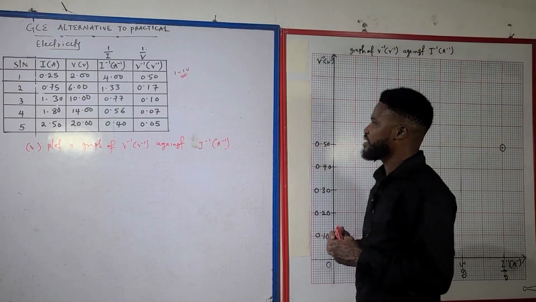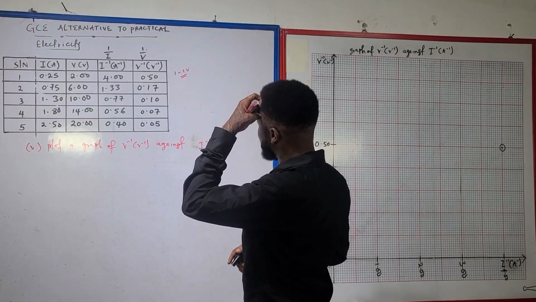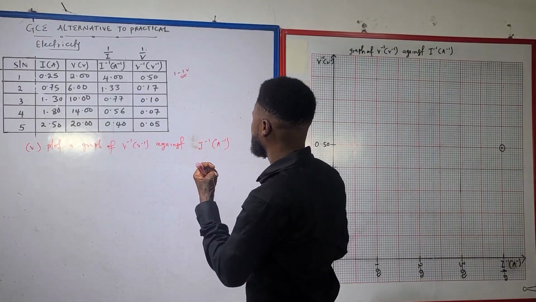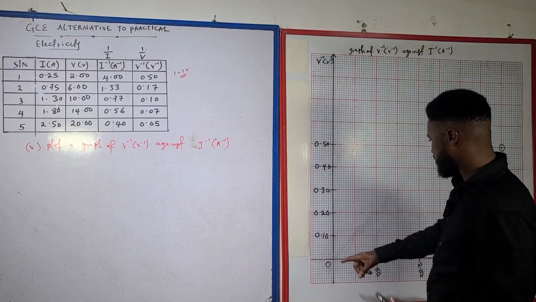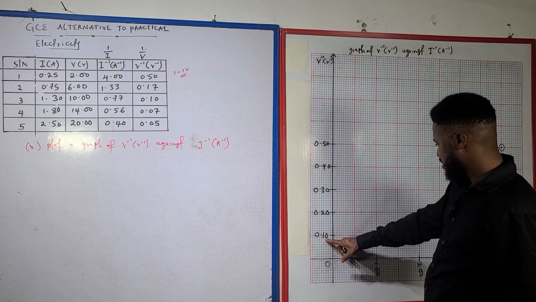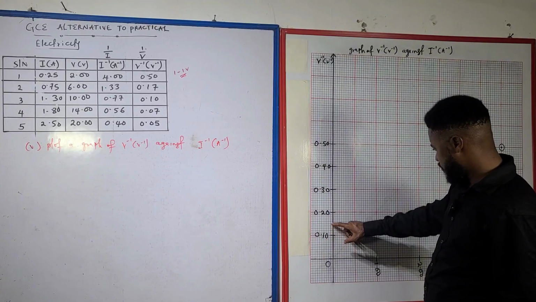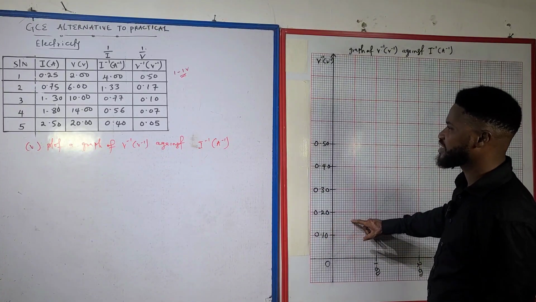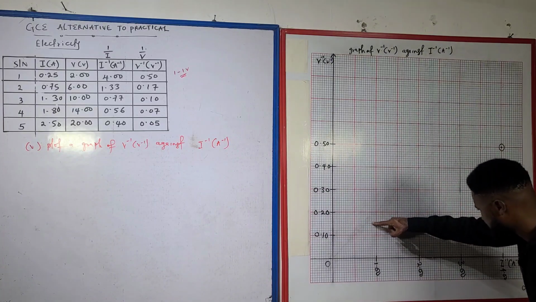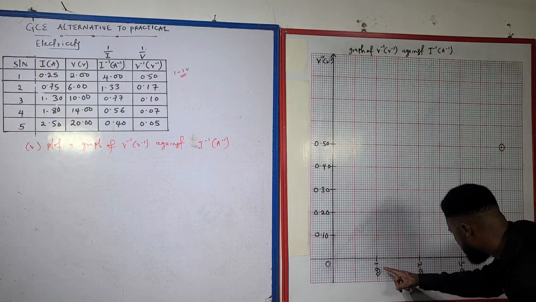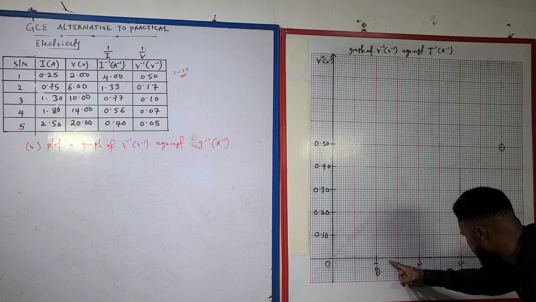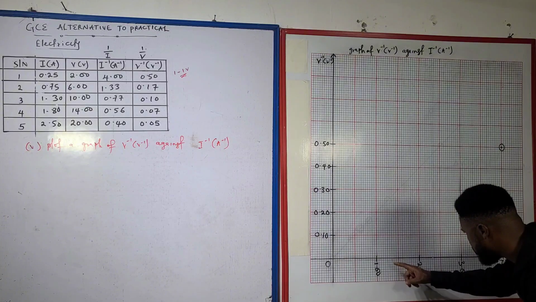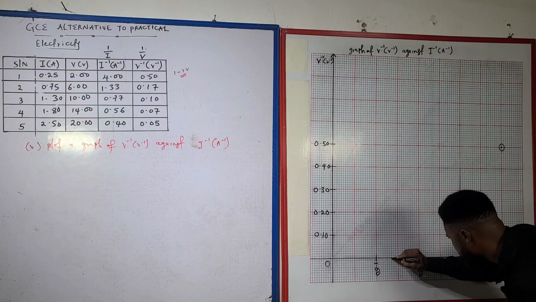So the next thing is when the voltage is 0.17, we can see that 1, 2, 3, 4, 5, 6, 7, 0.17 and 1.33. This is 1.1, 1.2, 1.3, 1.33 should be somewhere here.